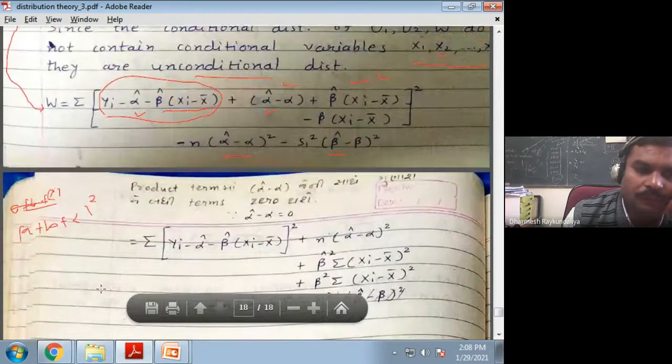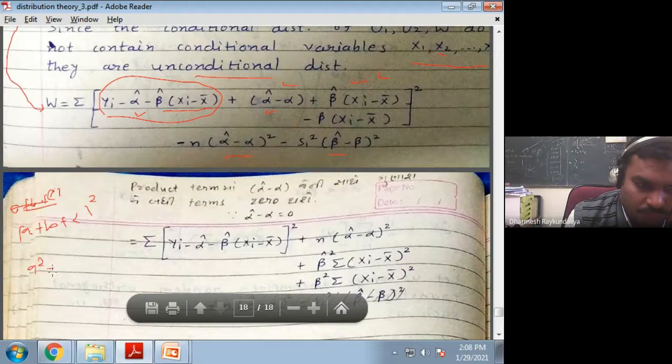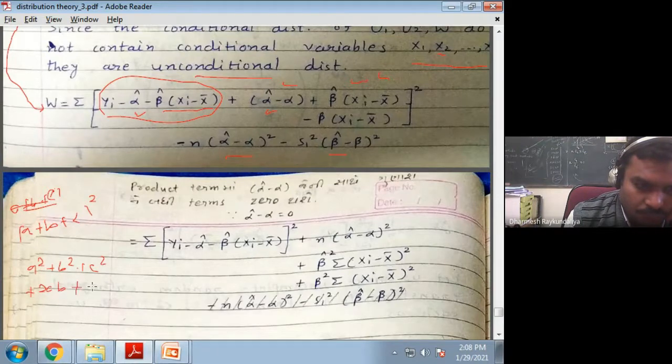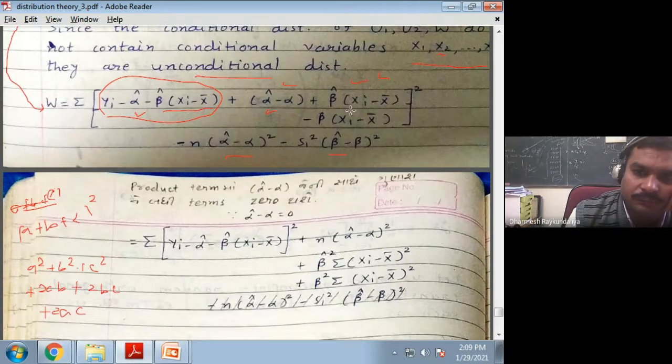And what is that simplification? It is a square plus b square plus c square plus 2ab plus 2bc and 2ac. Okay, so this is my a, this is my b, and this is my c.